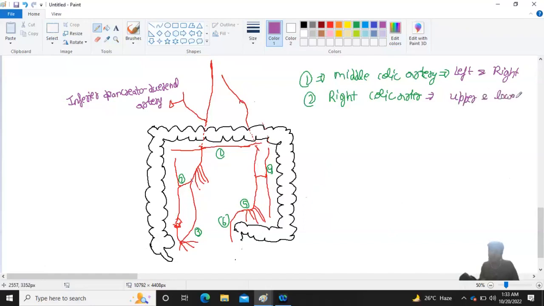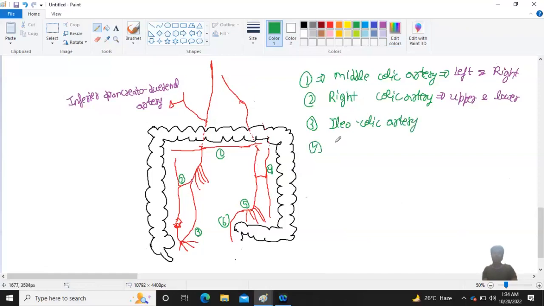Basically ascending, descending, upper, lower, similar. Done. Third is the ileocolic. This we have done.